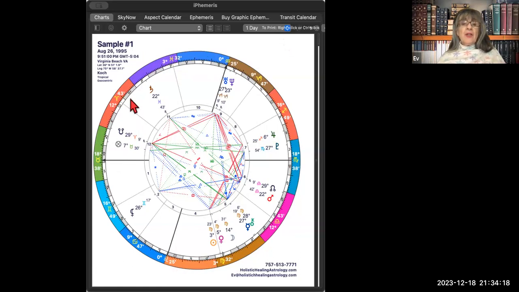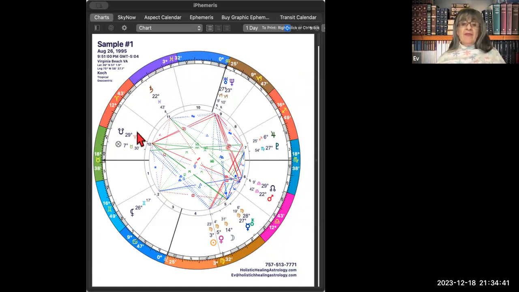So let's look at the circles and circles and circles. The outer circle is loaded with symbols, and these symbols tell you each sign. That's one of the components.